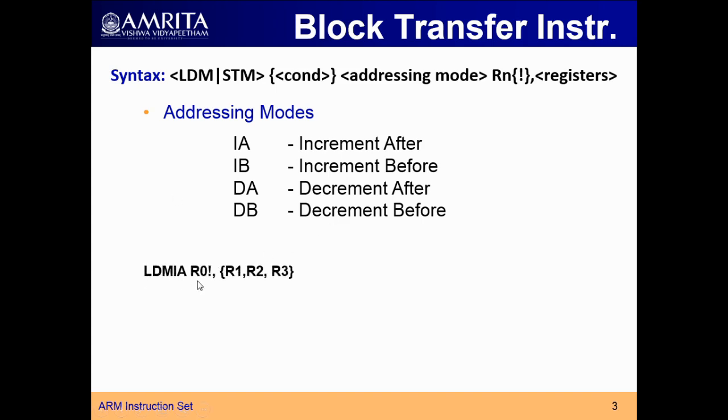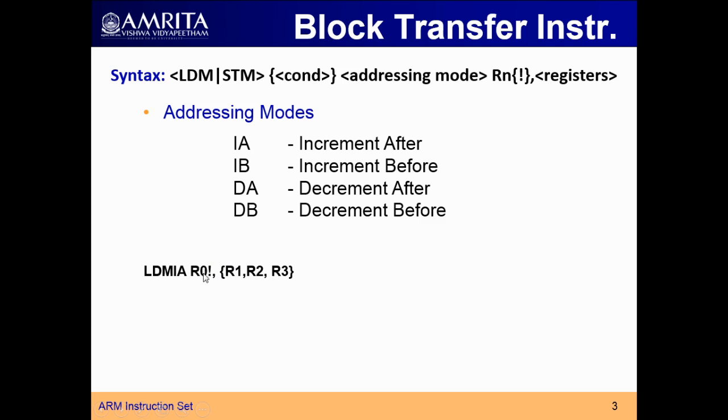One of the examples is like this: LDMIA R0!, {R1, R2, R3}. So these are the register list. R0 is the register holding the base address, and this is LDM with the addressing mode IA. So LDMIA means the content of the address location pointed by R0 will be moved on to R1.